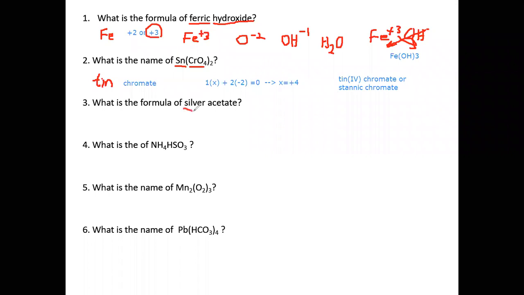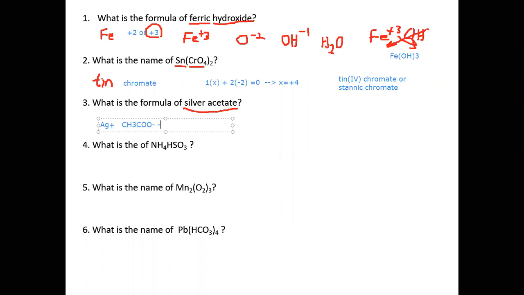Next we want to write the formula of silver acetate. So silver, the symbol is Ag, and silver is one of those transition metals that only has one charge, and its charge is a +1. And we have acetate, which can be written two different ways. I'm going to write it as CH3COO minus.